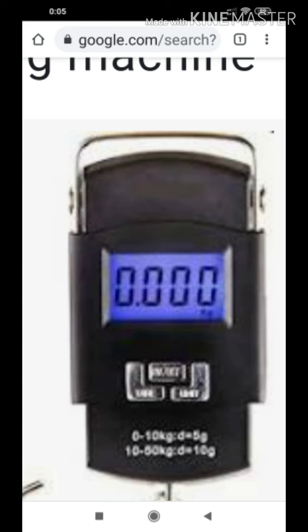Clear? So here is the relation between full scale range and resolution. 1 by full scale range is nothing but its resolution. You can take here 1 kg, meaning 1 by 1000.